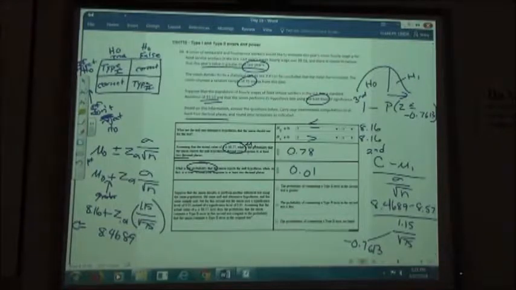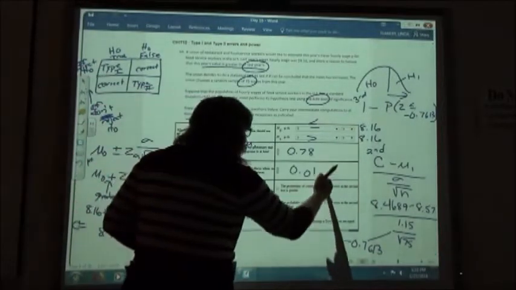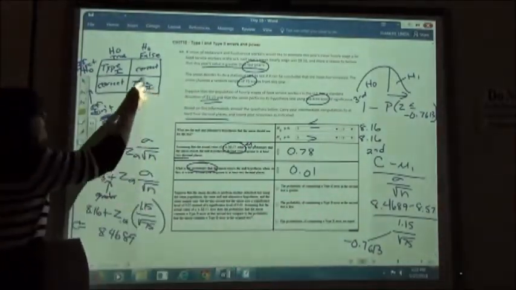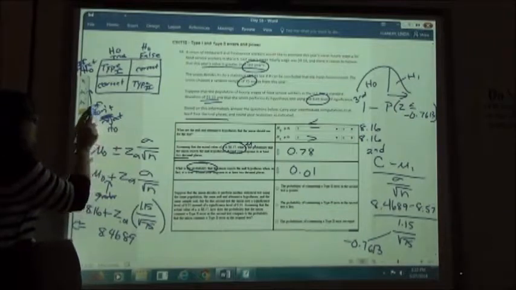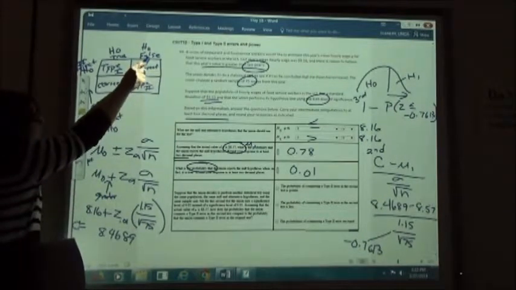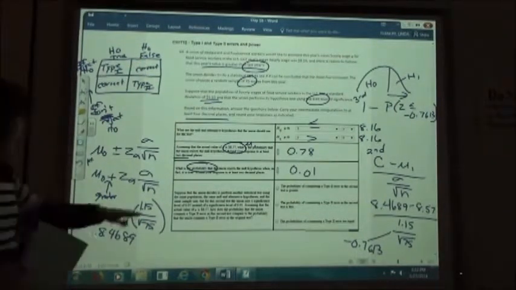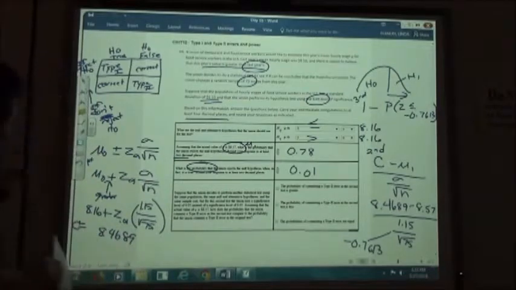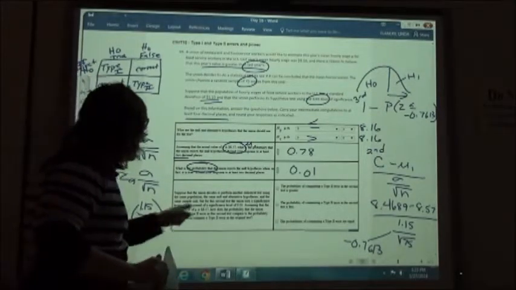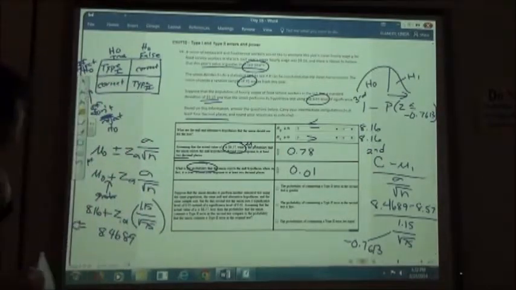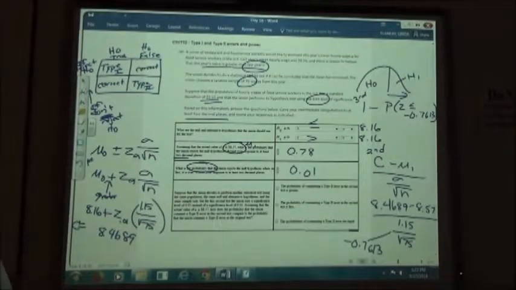And then now here's where we're talking about the type 1 and type 2 errors. Now here we're talking about a type 2 error. So if we have a type 2 error, we don't reject the null when the null is false. It says, suppose the union decides to perform another statistical test using the same population, the same null and alternate hypotheses, and the same sample size.